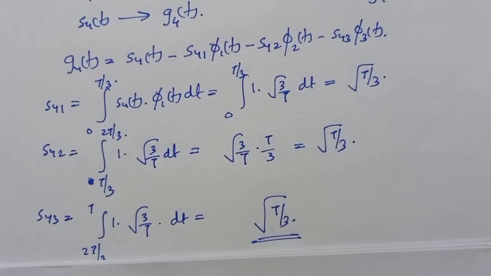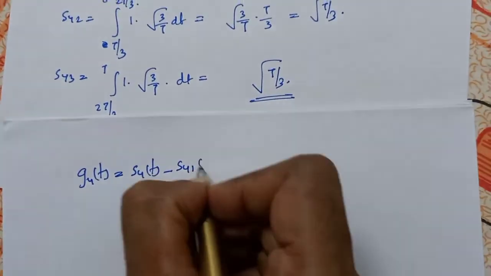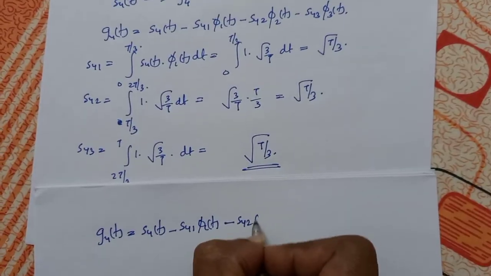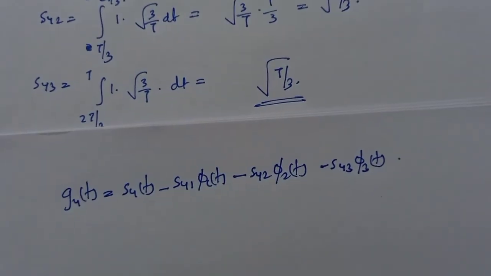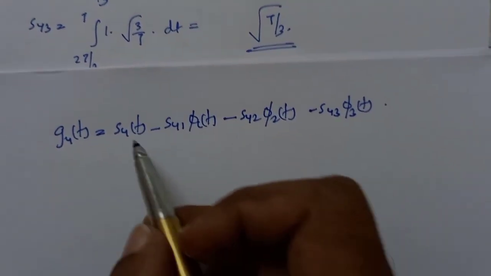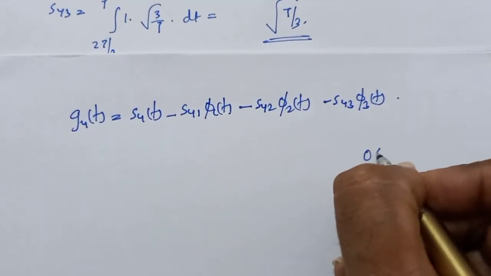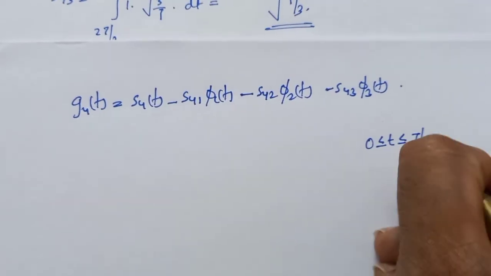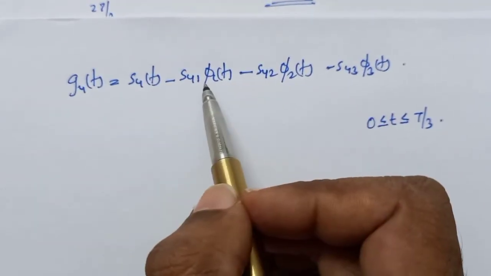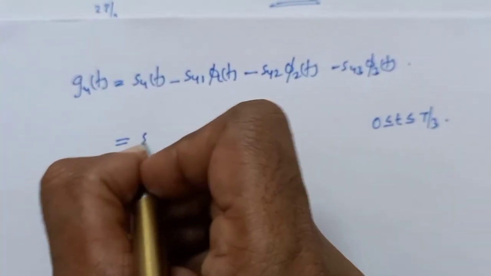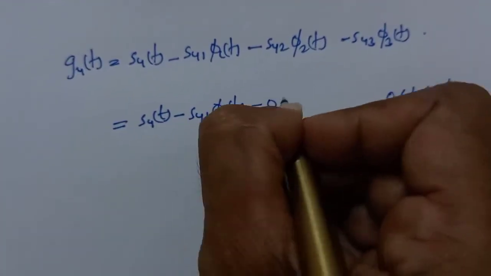Okay. We have g4(t) equal to, I am rewriting, s4(t) minus s41 φ1(t) minus s42 φ2(t) minus s43 φ3(t). Here also I am dividing it into 3 intervals. From 0 less than or equal to t less than or equal to T by 3, we know that φ2 is absent and φ3 is absent. Only the component present is φ1. So this will be equal to s4(t) minus s41 φ1(t) minus 0.